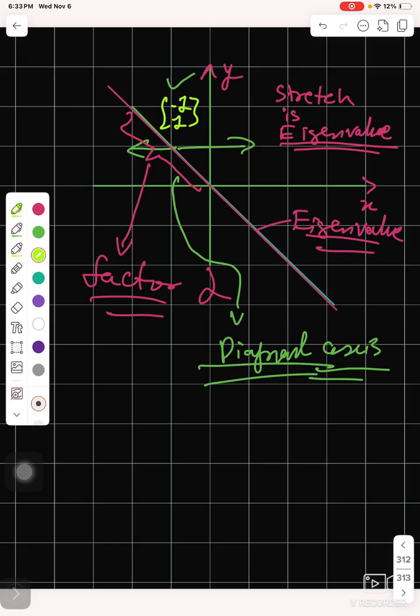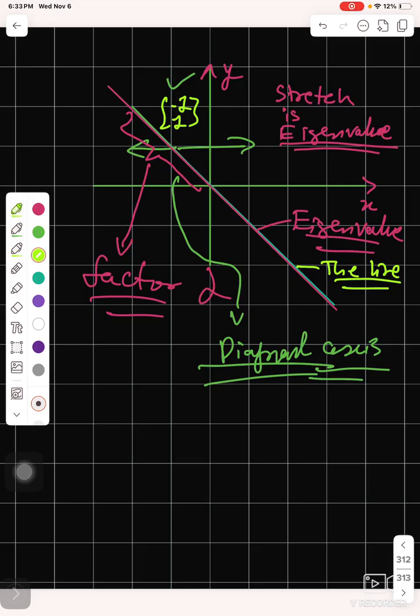So these are the line and the stretch: the eigenvectors and eigenvalues.